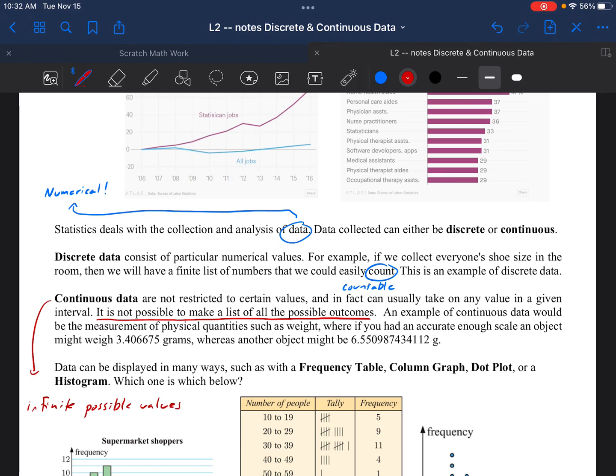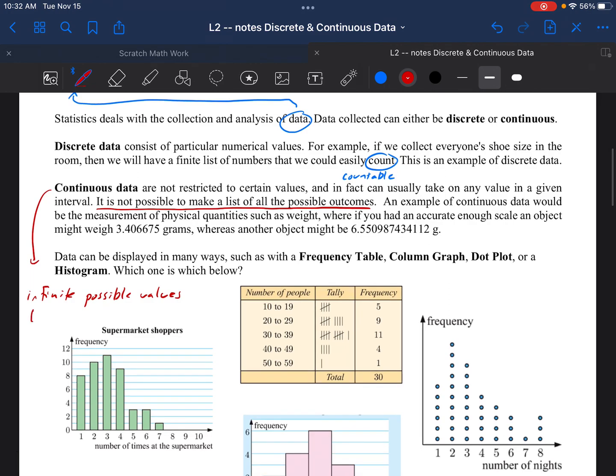That's only for continuous data. In discrete data, since it's countable, there's a finite number of possibilities. It might be a huge number, but there is a finite amount. With continuous data, that's not true. It's infinite. And the way we can think about it is not countable but measurable.